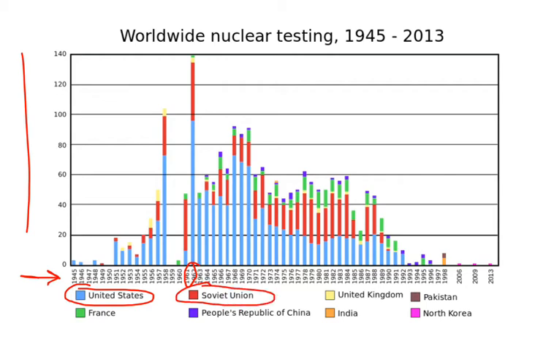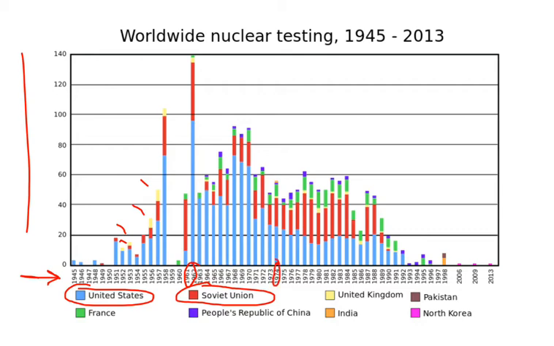You can see some of the other tests. France in green, quite an extensive testing record. People's Republic of China in the dark blue. You can see the United Kingdom, some of its early tests in particular are here. India shows up for the first time in 1974. Where is it?